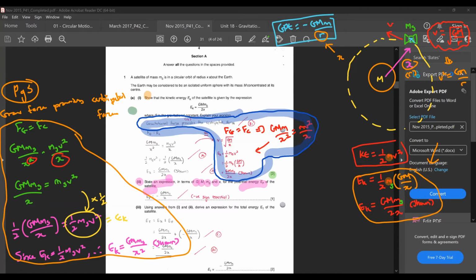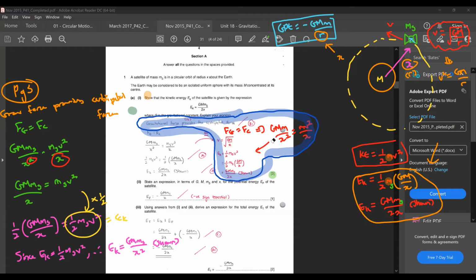So your potential energy EP would actually just be, let me get rid of this. Your potential energy EP would just be negative GMMs over X. Yeah, and this one, your small mass m is actually your Ms, no?